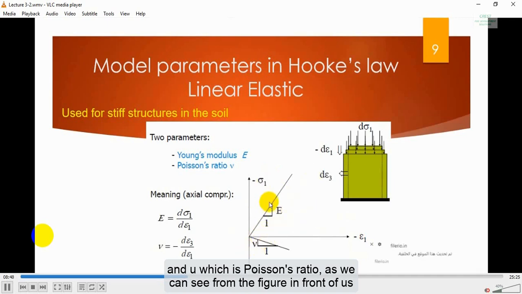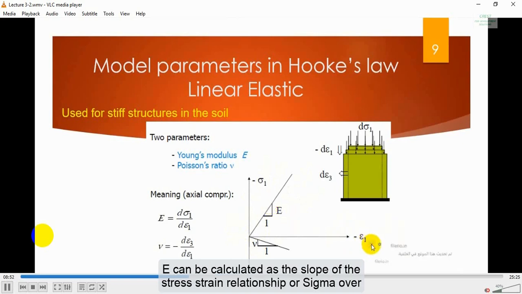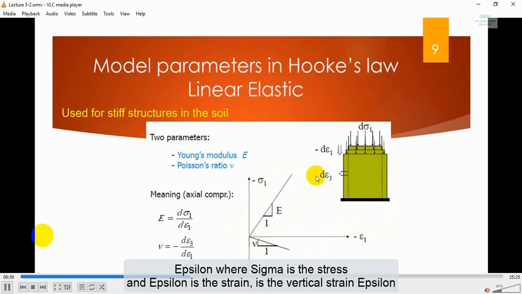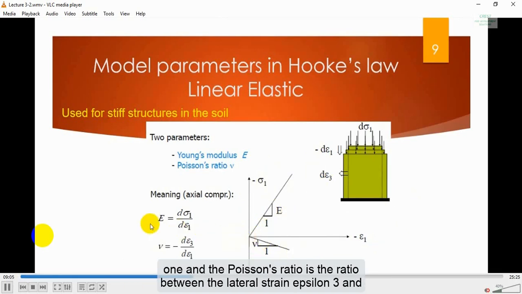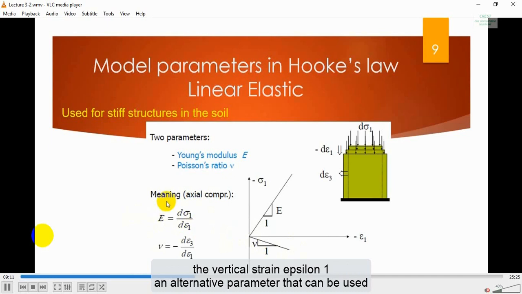As we can see from the figure in front of us, E can be calculated as the slope of the stress-strain relationship, or sigma over epsilon 1, where sigma is the stress and epsilon 1 is the vertical strain, and the Poisson's ratio mu is the ratio between the lateral strain epsilon 3 and the vertical strain epsilon 1.